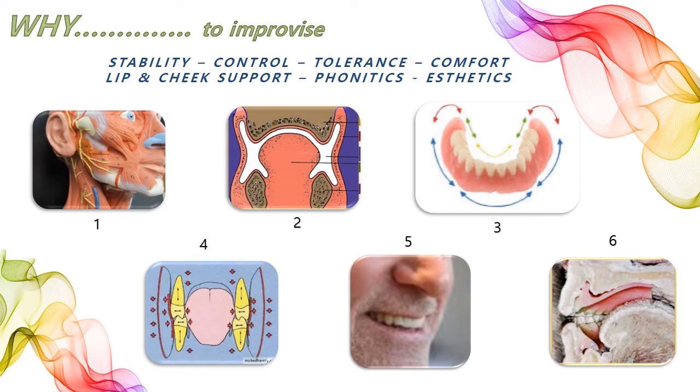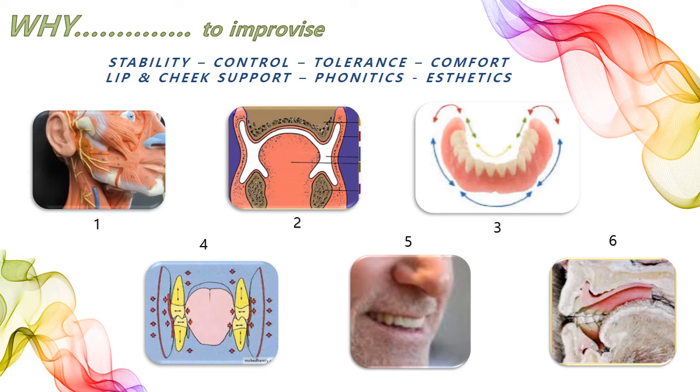From the labial side, the mentalis muscle, orbicularis oris muscle, from the inner side mylohyoid muscle and the pterygomandibular raphe, the buccinator muscle from the buccal side. All these muscles influence or compromise the stability aspect of the lower denture. That's why the contouring with the proper wax-up procedure is a must and needs to be implemented.